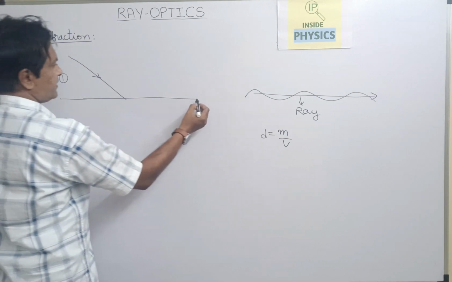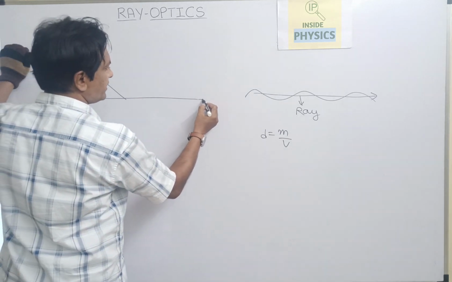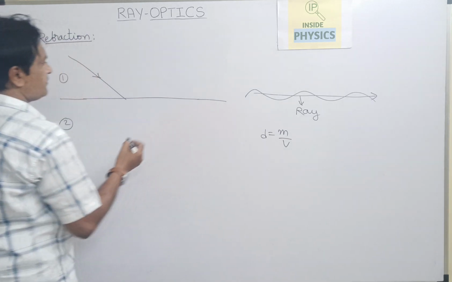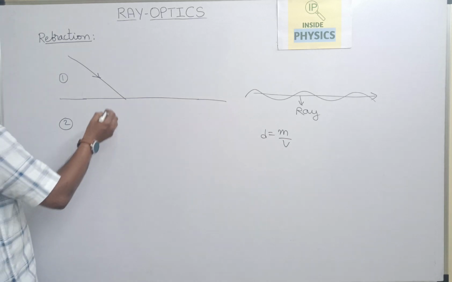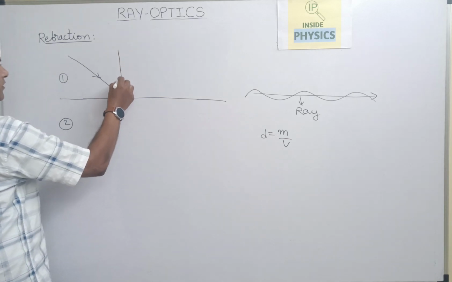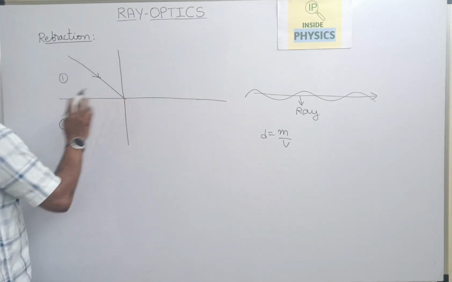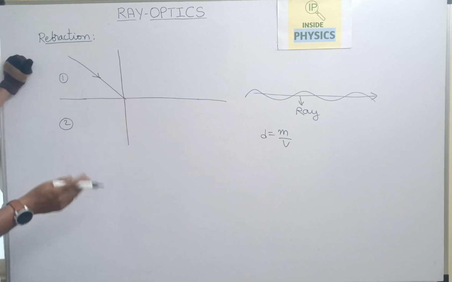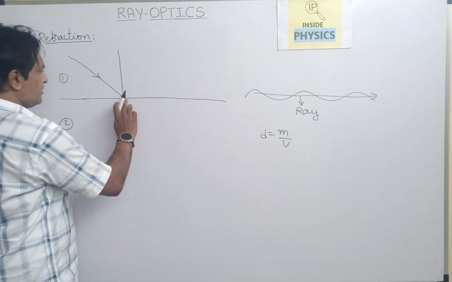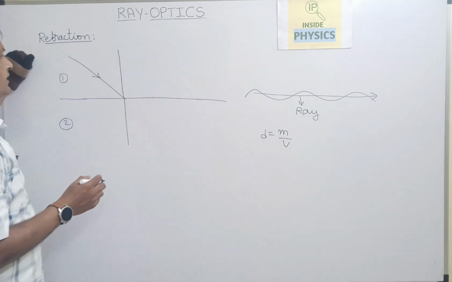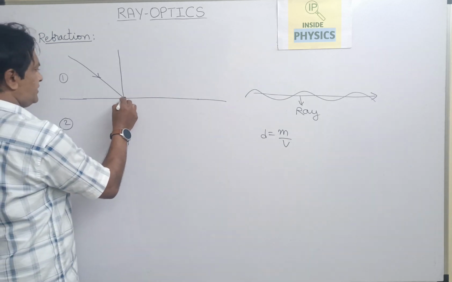Whenever there is an interface, which is nothing but the border of two mediums, there is an incident ray, and this is the normal drawn to the interface. Two things, reflection and refraction, happen at the point of incidence.